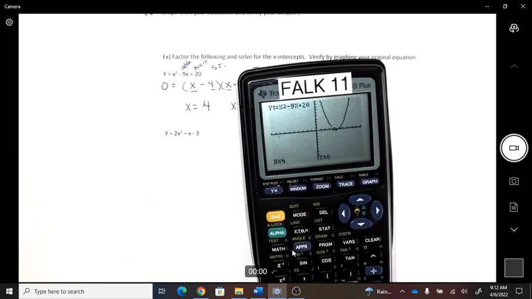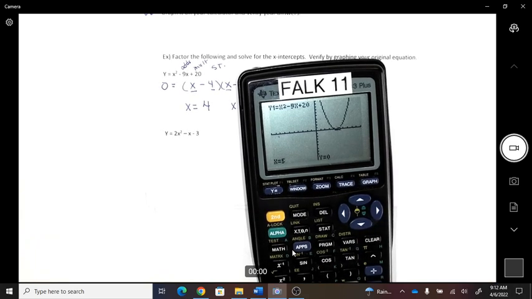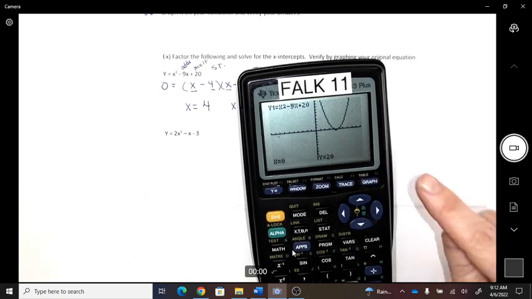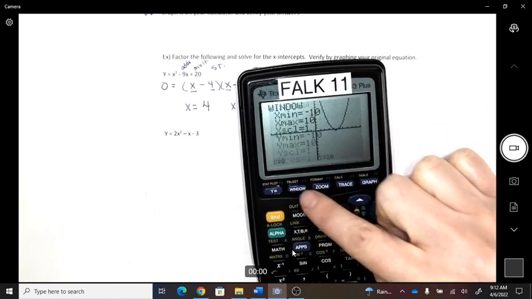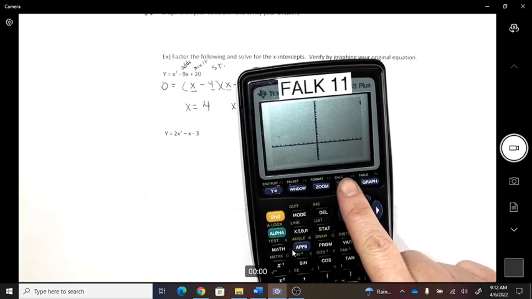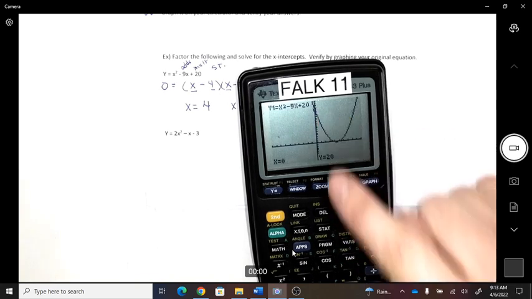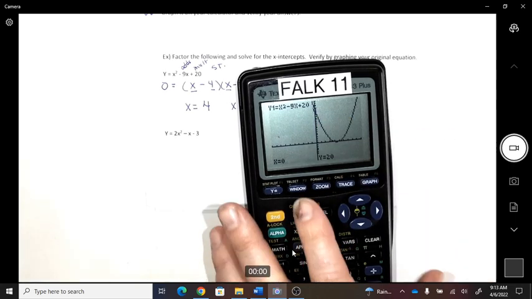Okay, do you see it? 4, 0. And I'm going to trace at 5, and yep, it's also the other one. I'm going to trace 0, and look at that. It would be obviously way up there if I show you. There's my y-intercept that we thought about. Right there at 20, okay?